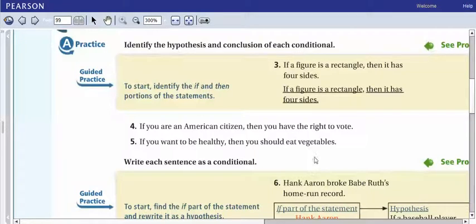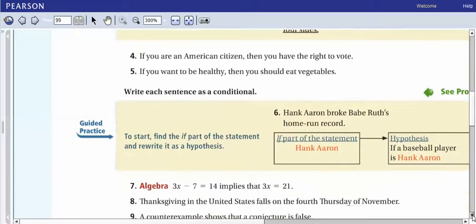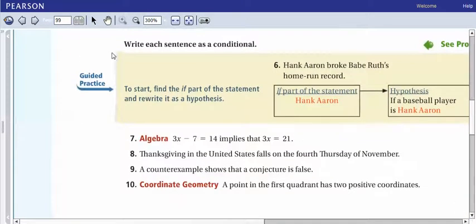Then, in 6 through 10, you're going to write it as a conditional. So what does a conditional have in it? If and then. You can add other words to make the statement read better or sound better when you read it. So writing Hank Aaron broke Babe Ruth's home run record. Okay?